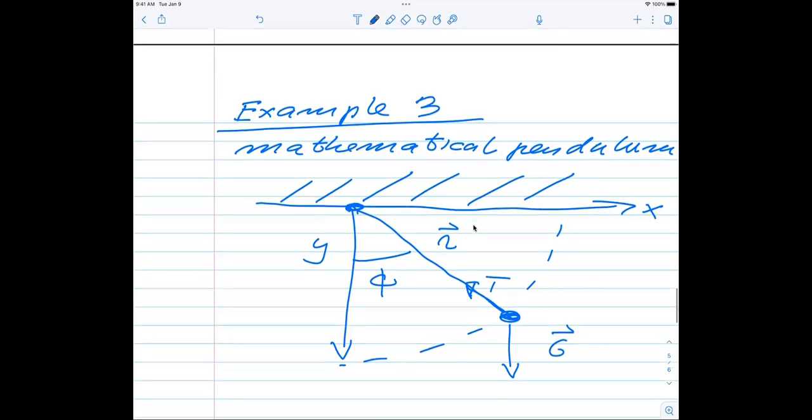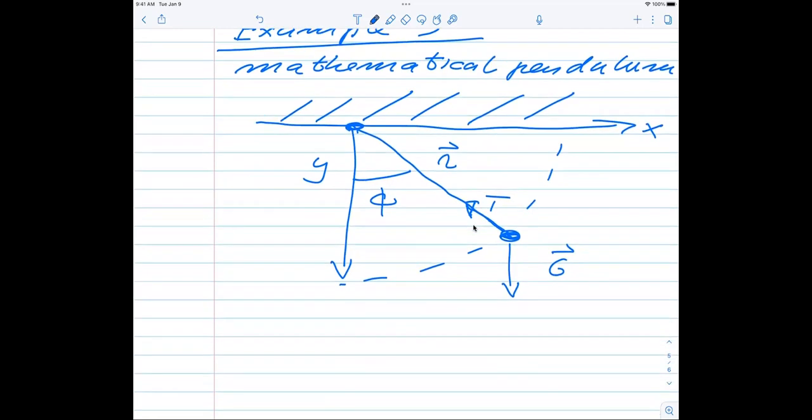So before we move on, we are not going to analyze this in the traditional way. If you remember back in the beginning of the semester, we set up this recipe where you would describe the system. So the system would be this pendulum, which is fixed to move back and forth.